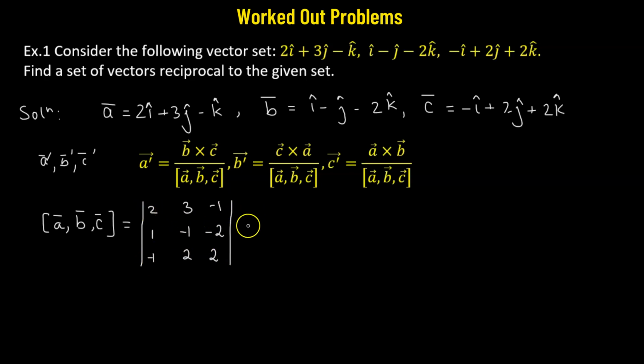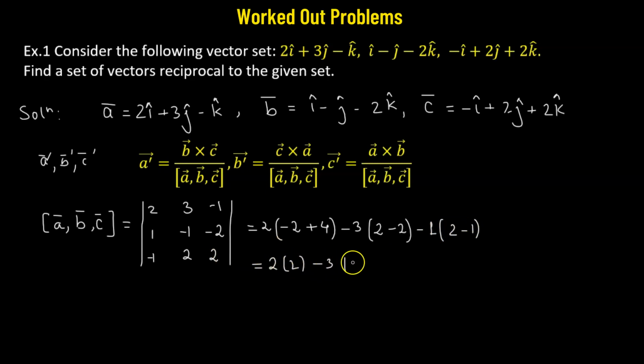Expanding along row number 1, we have 2 times negative 2 minus 2 times negative 2, which is positive 4, minus 3 times 2 minus 2, minus 1 times 1 times 2 minus 1. This equals 2 times 2 minus 3 times 0 minus 1 times 1, so 4 minus 1, which is equal to 3.